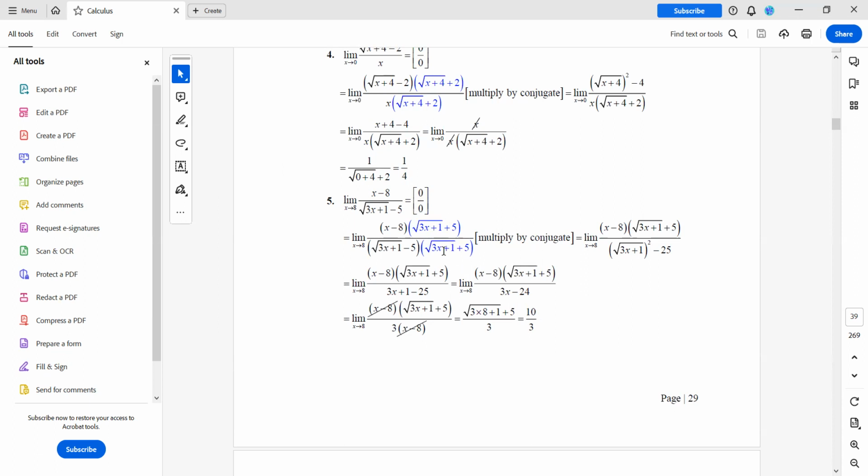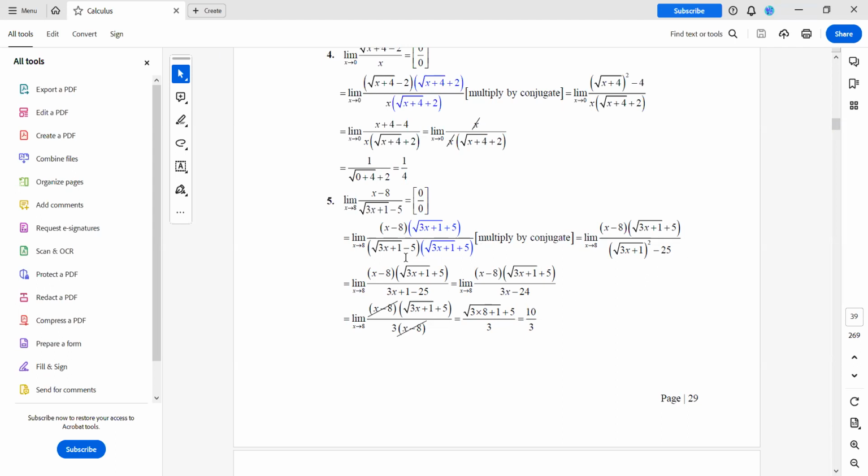Then you have x minus 8 times square root of 3x plus 1 plus 5 over, in the denominator, you pick one square root of 3x plus 1 and square it. This gives you 3x plus 1, minus 5 times 5 gives me 25, and minus times plus gives me minus. That's why I have minus 25 here.